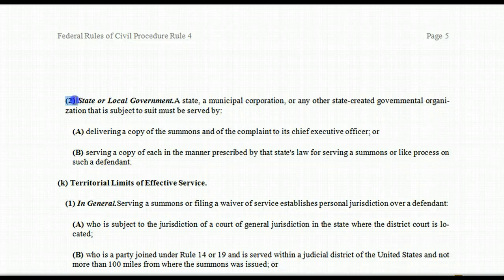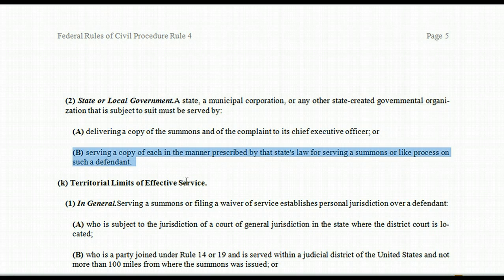So it says a state, municipal corporation, or any other state-created governmental organization must be served by (A) delivering a copy of the summons and the complaint to its chief executive officer, which in this case would be apparently the mayor of Shelby County, or (B) serving a copy of the summons and the complaint in the manner prescribed by that state's law for serving a summons or like process on such a defendant. So here we're in Tennessee.